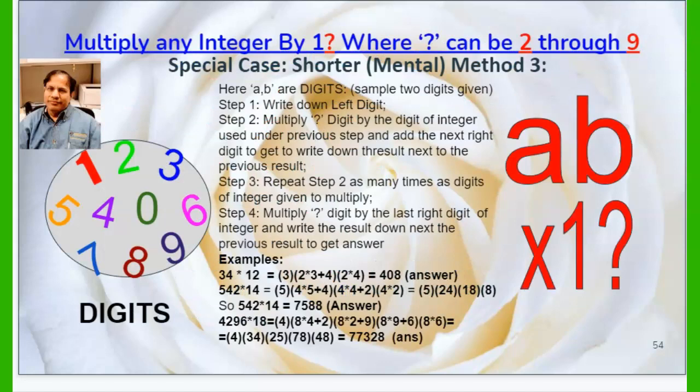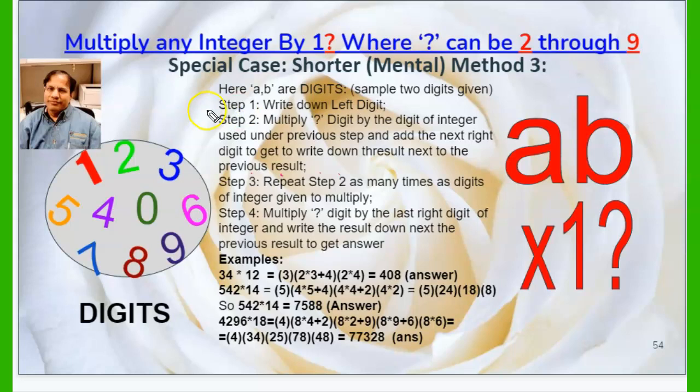Of course, we can do it in the simple format, and this follows the same procedure as the previous one. And so let's see how we multiply digits AB with 1 and a question mark being any digit between 2 and 9.